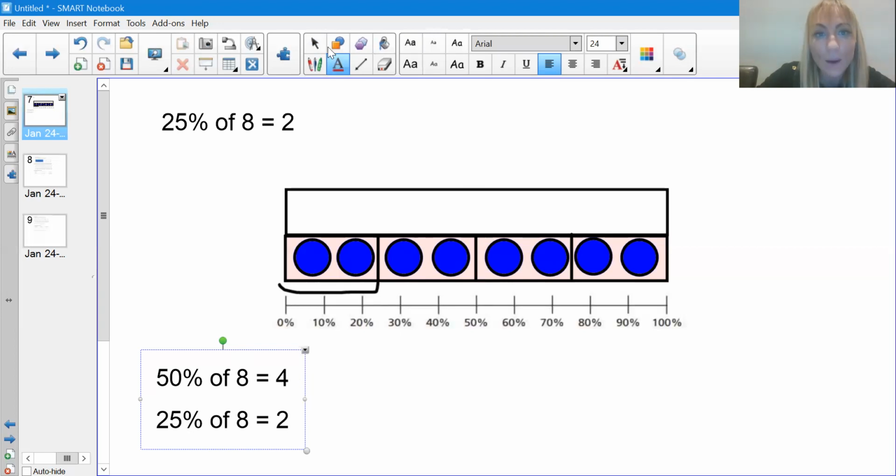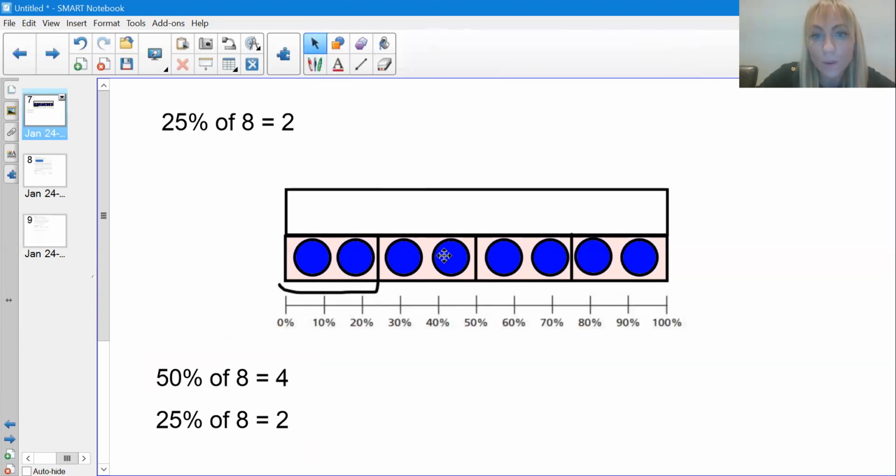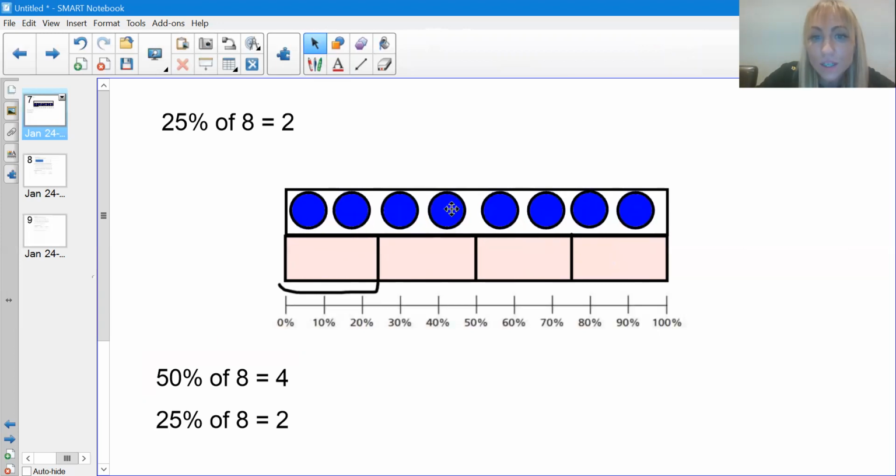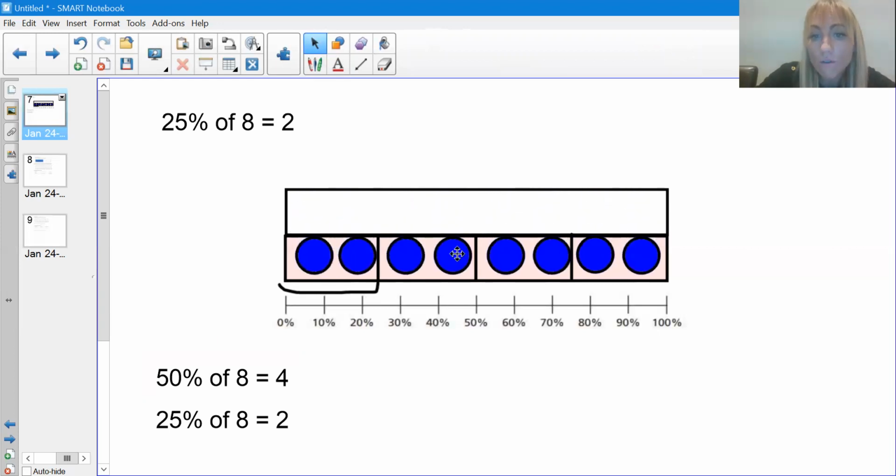Okay, and we can use the bar model to show us that as well. So with my counters, if I halve my amount, I have 4, and that's 50%. If I halve that again, I get 2, and that's 25%. So to find 25% of a number, I can halve it and halve it again.